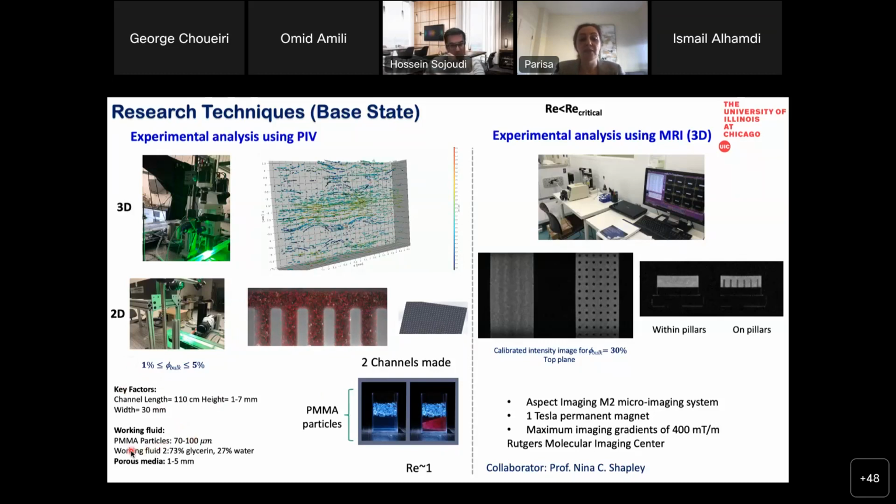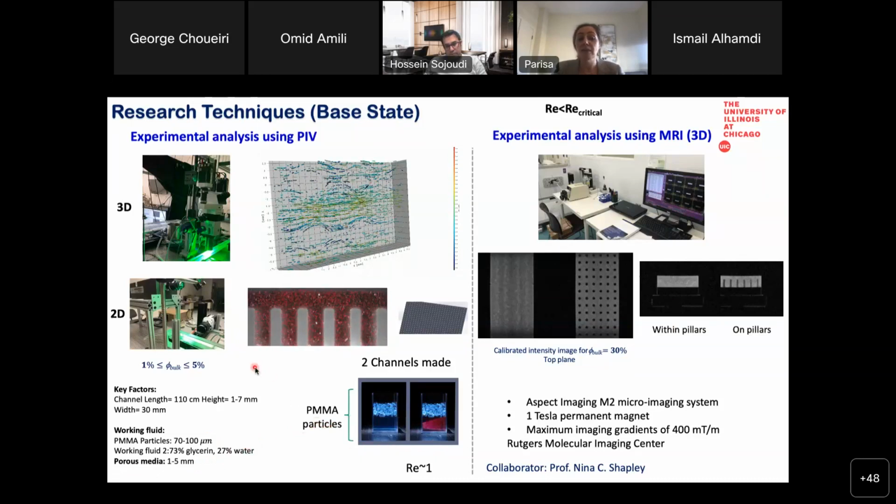For example, here we use PMMA particles, and the size range of them is around 95 micron, I would say plus or minus 20 micron. For the working fluid, we use 73% glycerin plus 27% water, and the reason was to have it density matched and index matched with the PMMA particles, of which you could see a sample here.